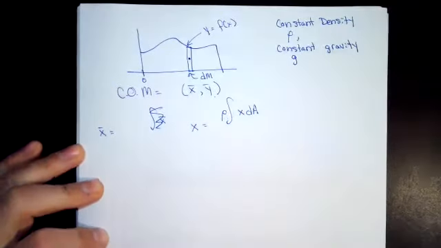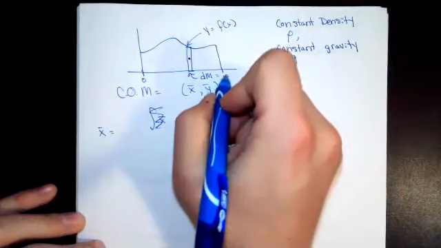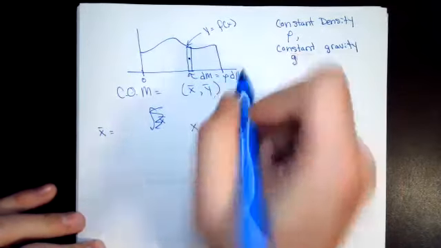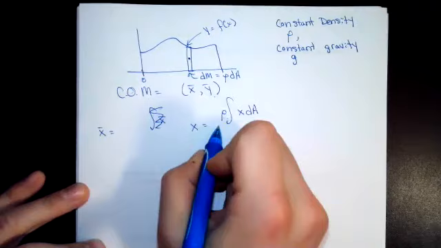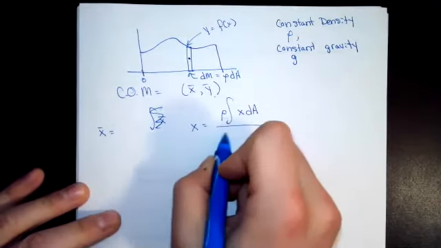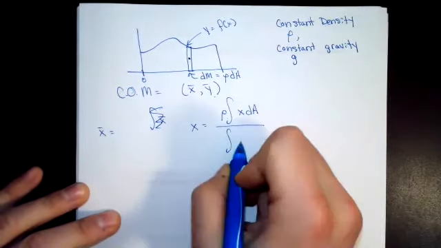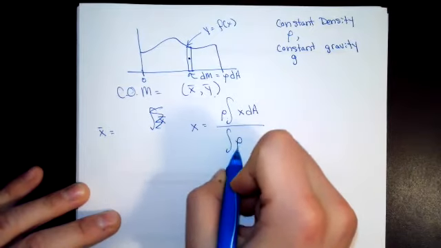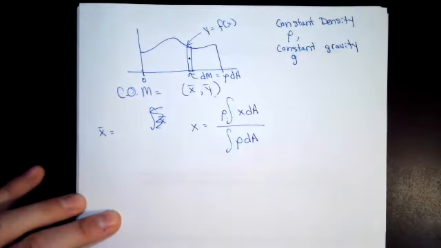So density times area is like dm, my infinitesimal piece of mass. And then, of course, divide by the total mass, which is just the density times the area.